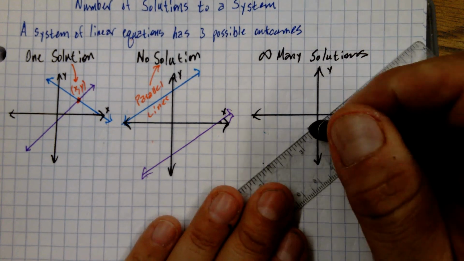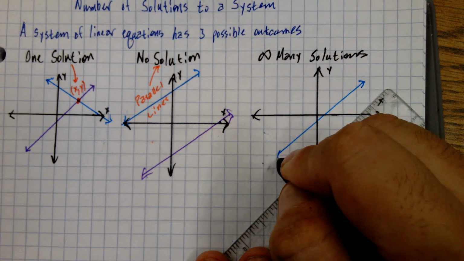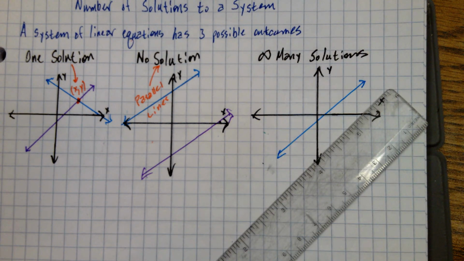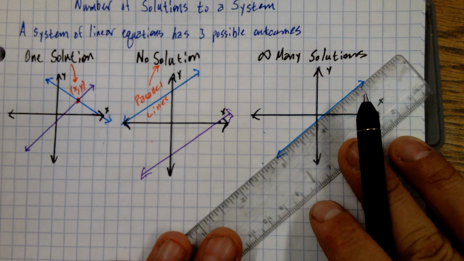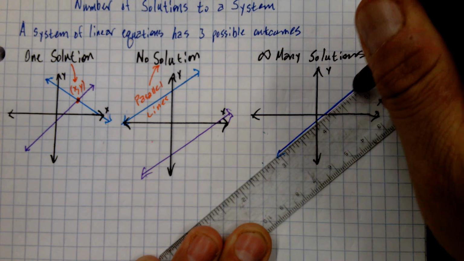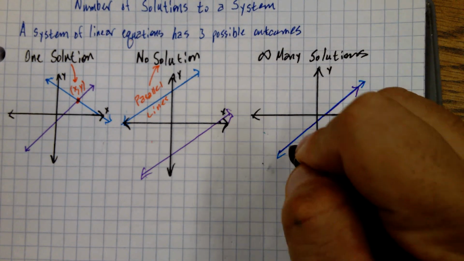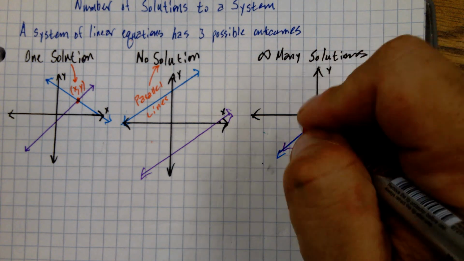So you have one line, you graph it, and then the second line gets graphed, and it turns out to cover the same space two-dimensionally. So we say that the lines coincide.